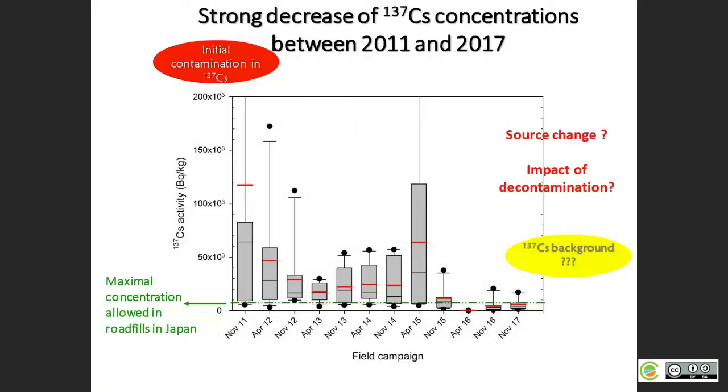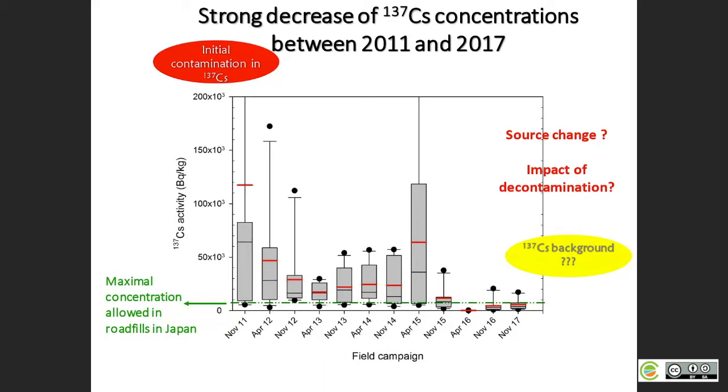If you look at the activities, again, like in Laos, it's in becquerel per kilogram. We are not at the same level of concentration. In Laos, we had 2 becquerels per kilogram. You see here that we start at 10,000, 50,000, so it's much higher. But if you look at the evolution after the main typhoons and the snow melt, so 2 campaigns per year, we have variability because the plume is heterogeneous and you have differences depending on the local conditions.